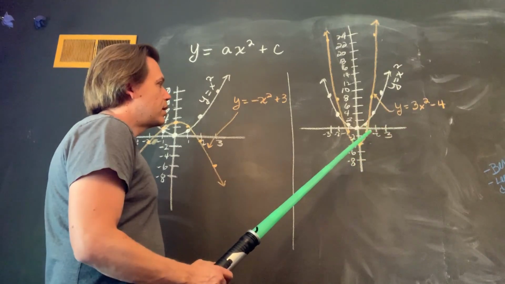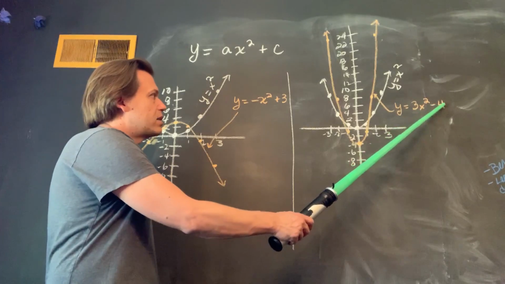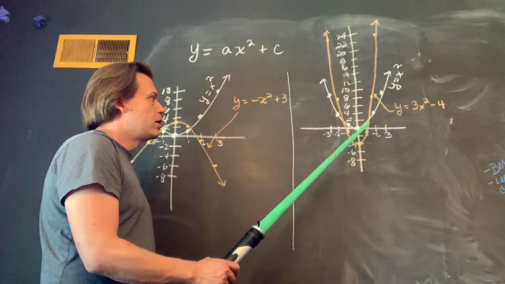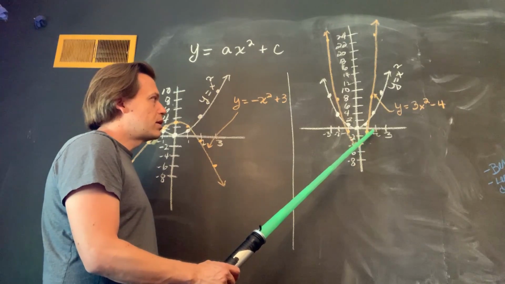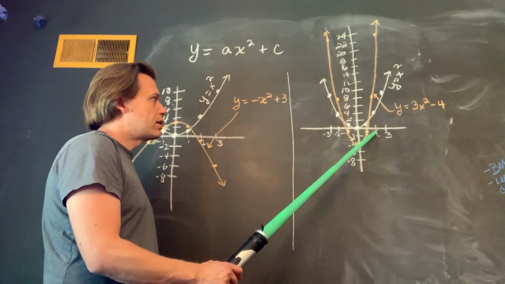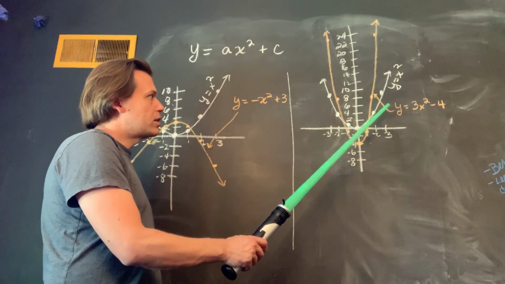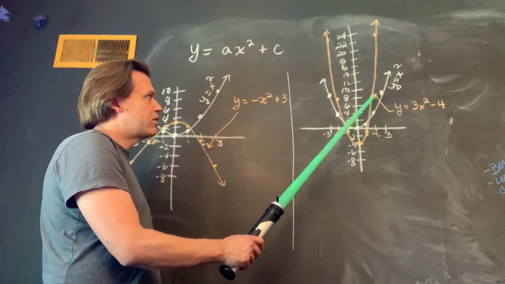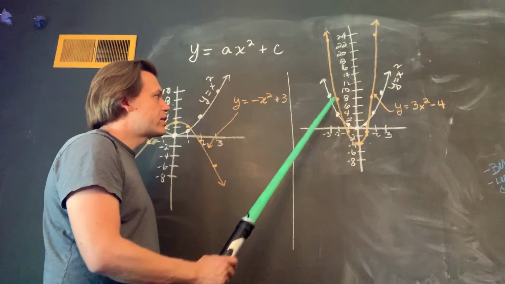So 0 squared times 3 is still 0, minus 4, I get negative 4. 1 squared is 1, 1 times 3 is 3, 3 minus 4 is negative 1. 2 squared is 4, 4 times 3 is 12, 12 minus 4 is 8. So I can keep calculating them. The same will happen for the negatives.